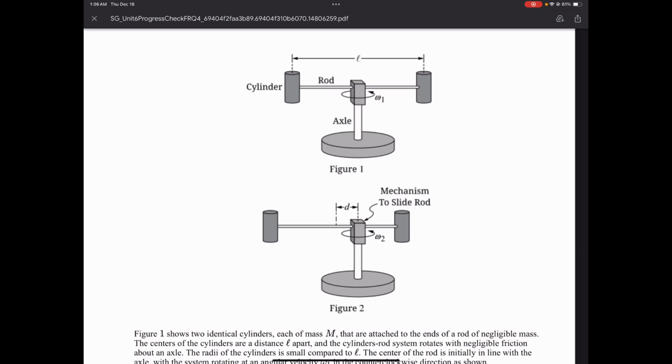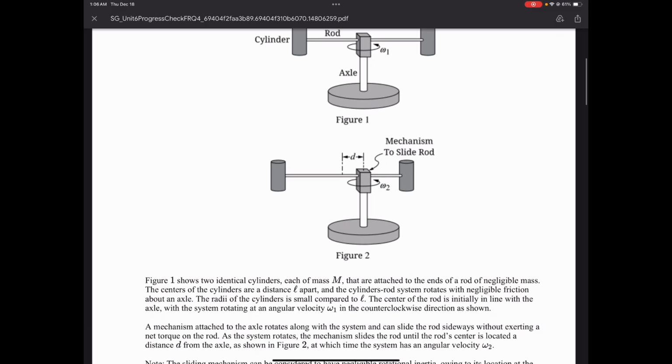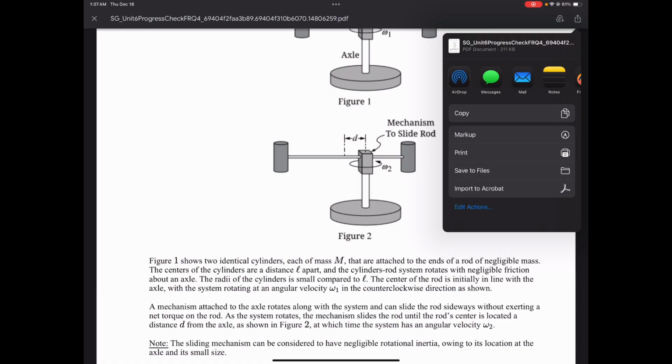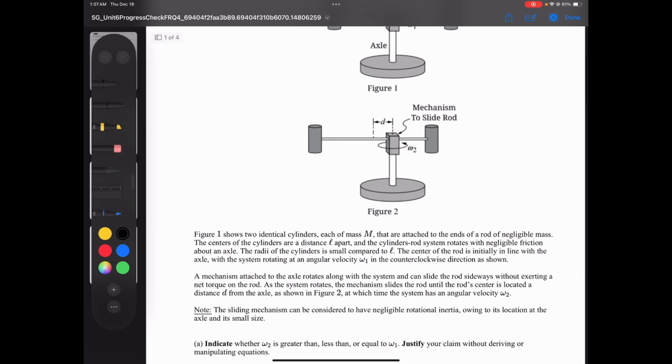Me personally, I think of it as a mass distribution, so now I have this cylinder that much further away from the center. I'm just going to go through the calculations just so you can see it. So the argument is that the moment of inertia, I2, has to be greater than I1.